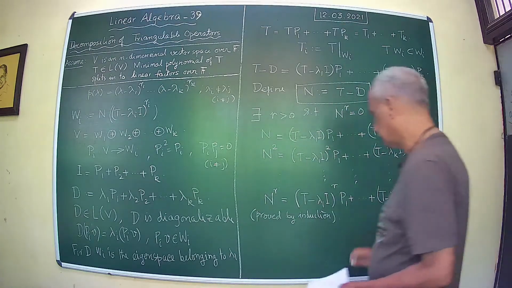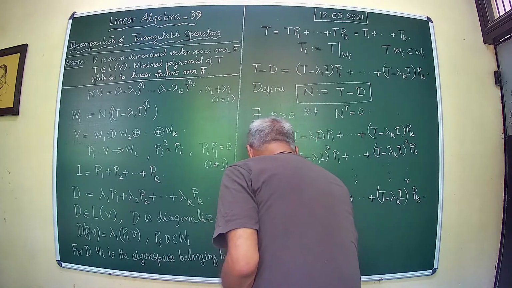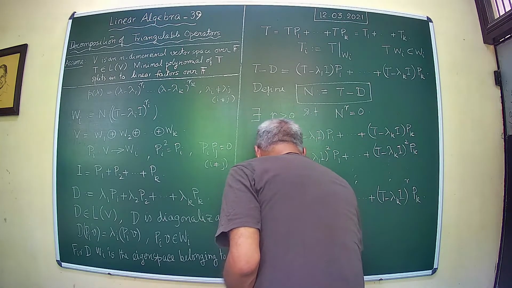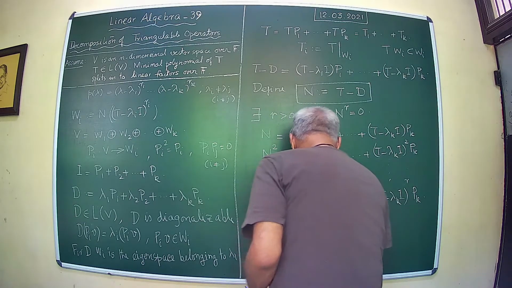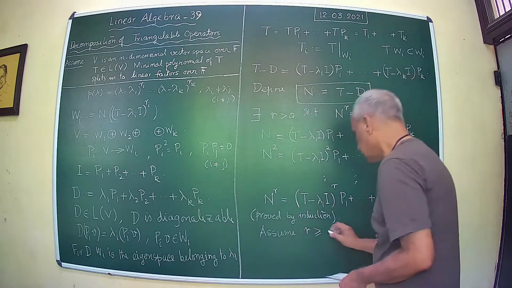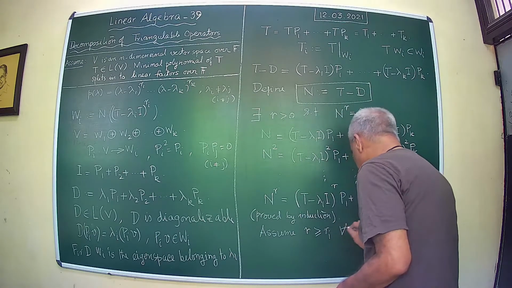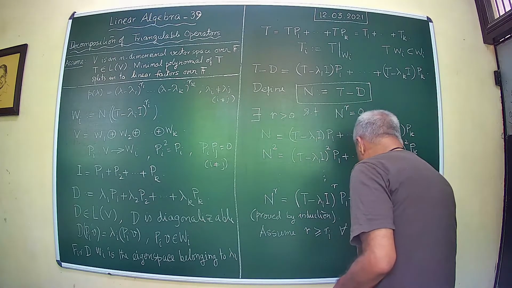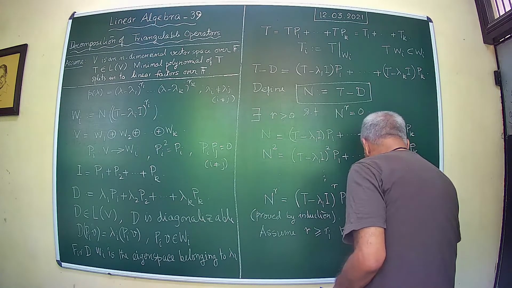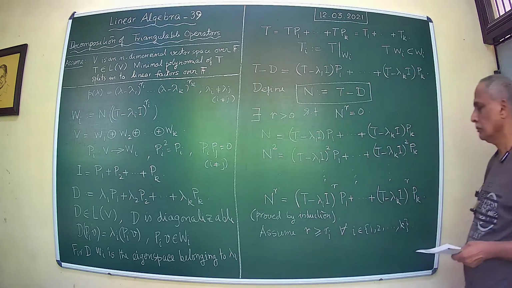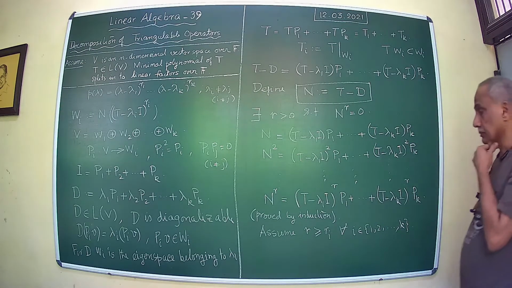Now, assume R is greater than or equal to Ri. We choose R greater than or equal to Ri.